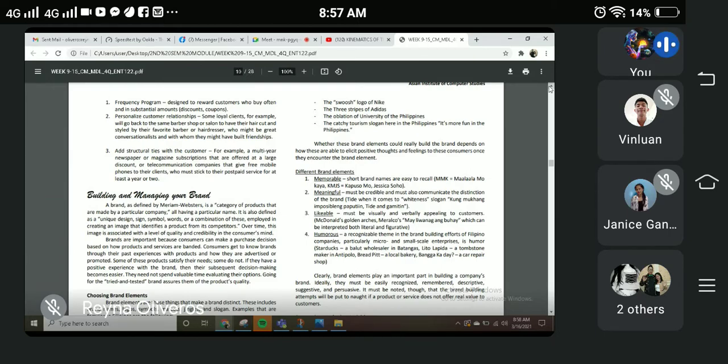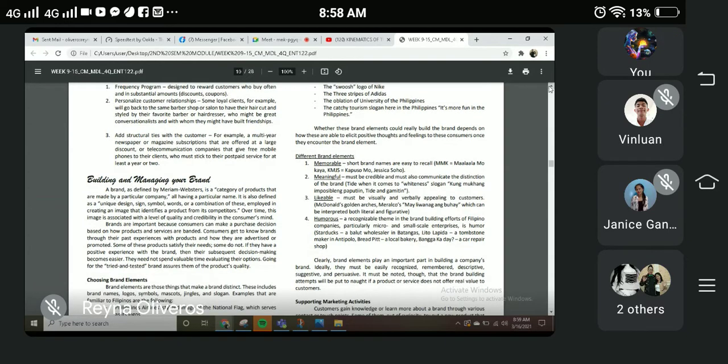'Di ba? Tapos, dapat persuasive din siya pagdating sa pag-catch ng attention ng tao. 'Di ba? So, it should be catchy, ika nga. 'Di ba? It must be noted, though, that brand building attempts will be put to naught if a product or service does not offer real value to the customer. Okay.